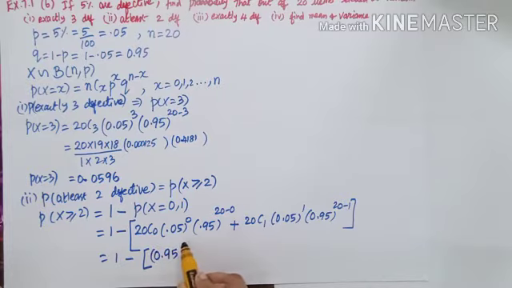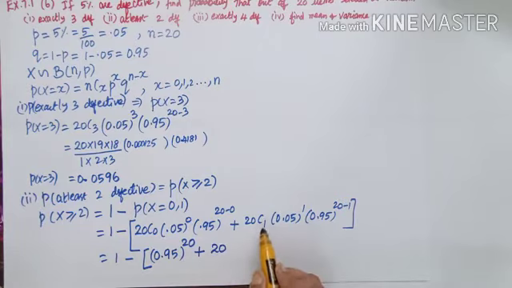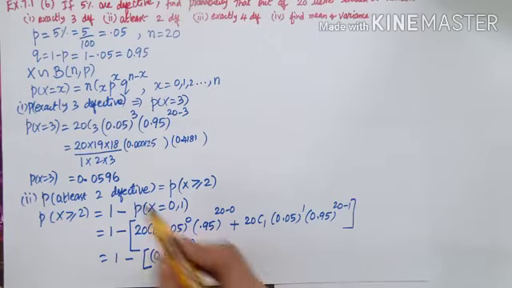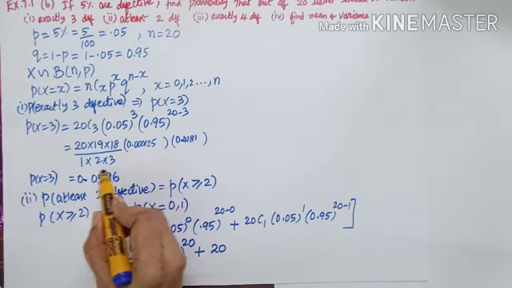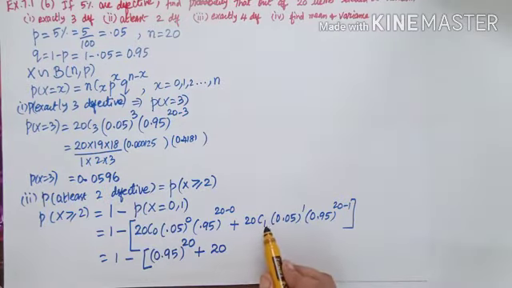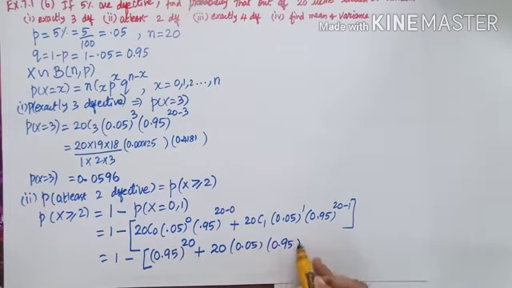0.95, the whole power 20, plus 20C1 tells me it is 20. Only one number I can write. 20C3, what did we do? 20, 19, 18 by 1 into 2 into 3. So 20C1 tells me 20. 0.05 power 1 is, that's it. 0.95 power 20 minus 1 is 19.